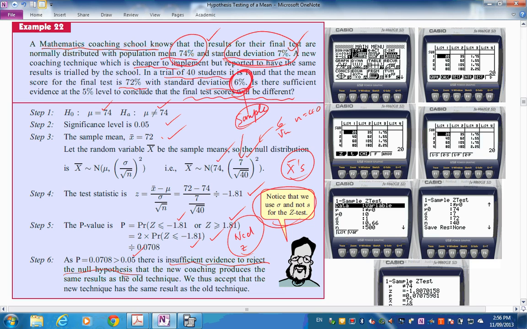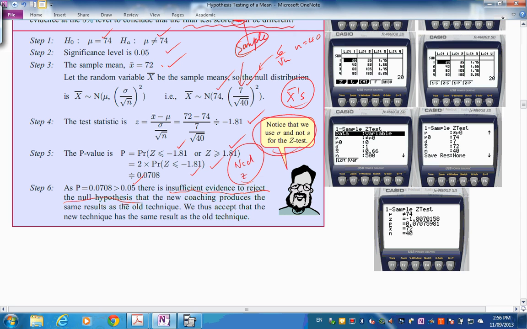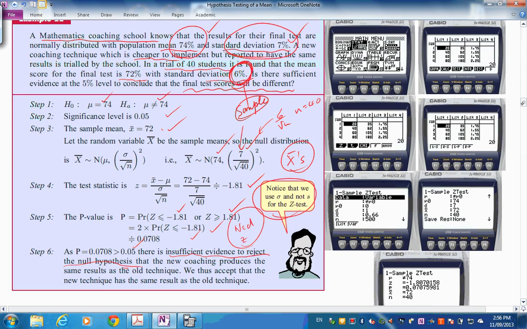Let's now look at technology here. With our technology we're going to come into stat mode, and then of course hit F5, oops, hang on, I've just made a mistake there.